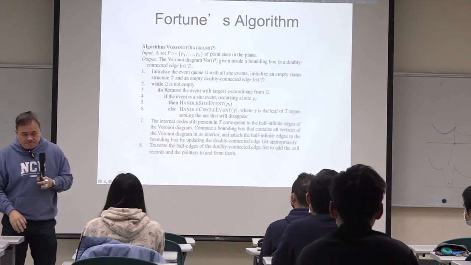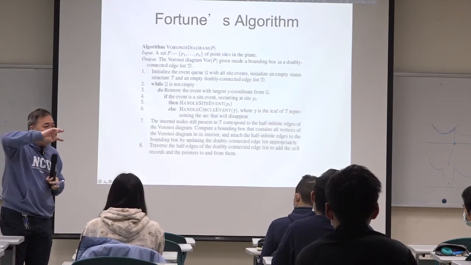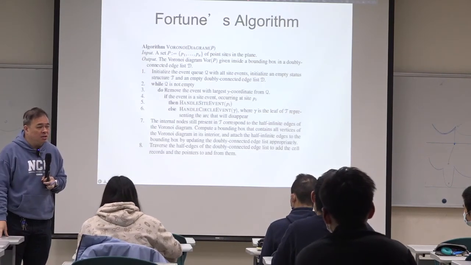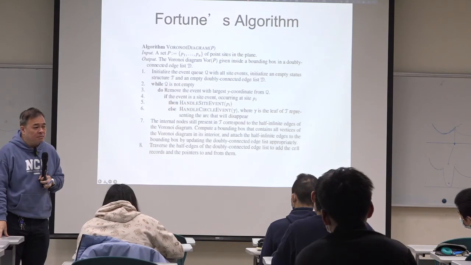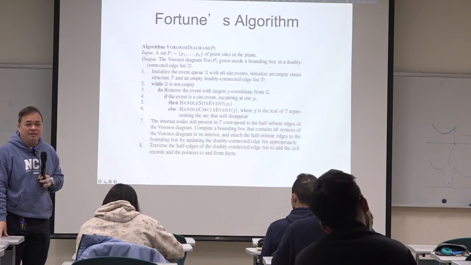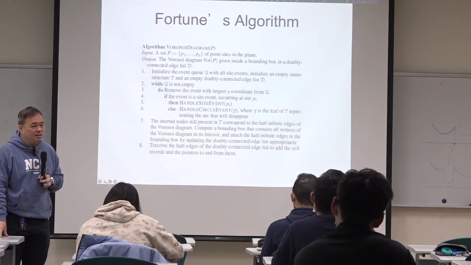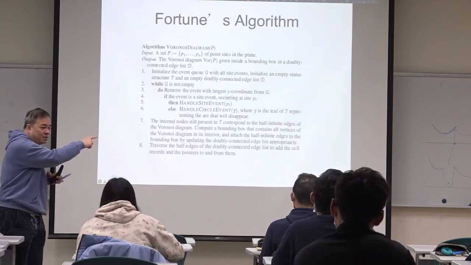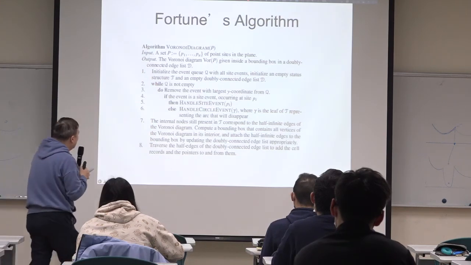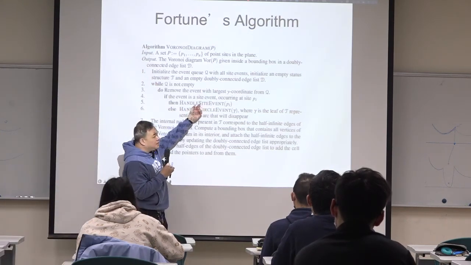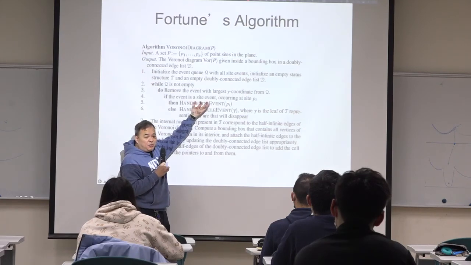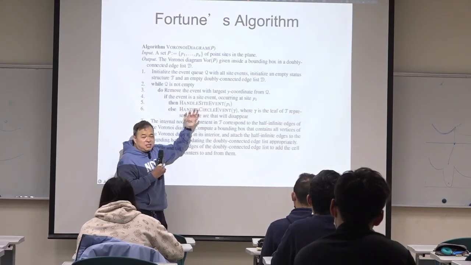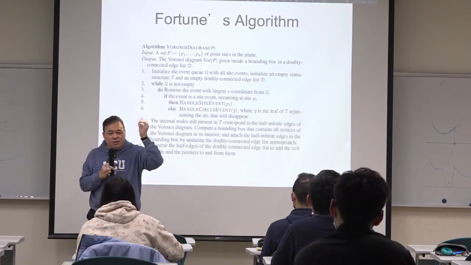If you ask me, can we change this order? Guess if you can do that or not. Anybody? No. Exactly, because of the reason I was talking about. When you have a side event, you may create a zero-length arc, which will immediately create a circle event that gets rid of that zero-length arc.